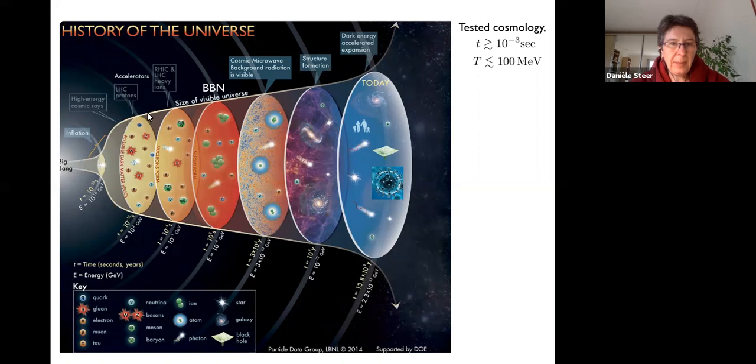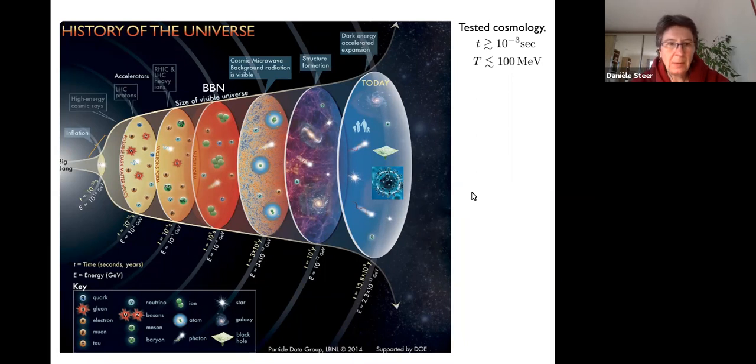The universe is expanding. At some stage, there's Big Bang nucleosynthesis. Equality, the cosmic microwave background is produced, and then there's structure formation and dark energy, which we mentioned last time, the accelerated expansion of the universe, and various things where we are today.